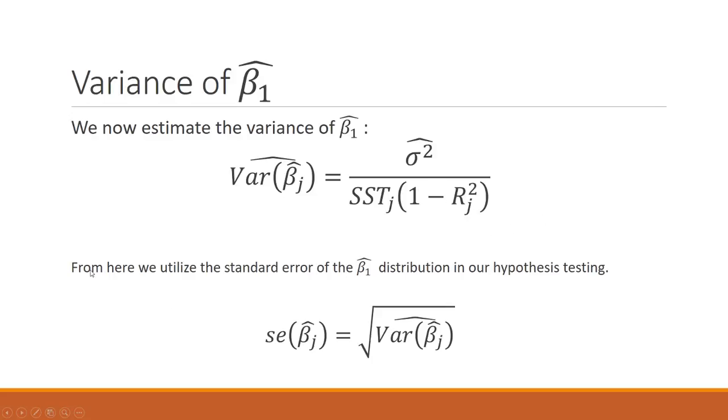So this is our estimated variance of beta 1 hat.